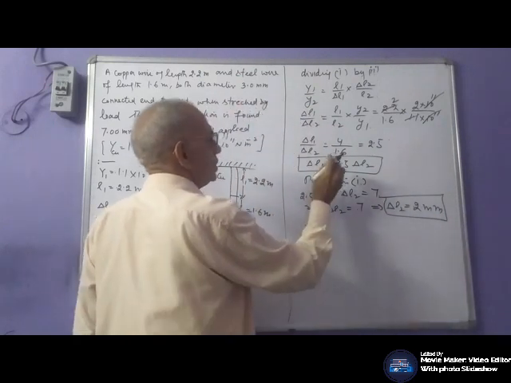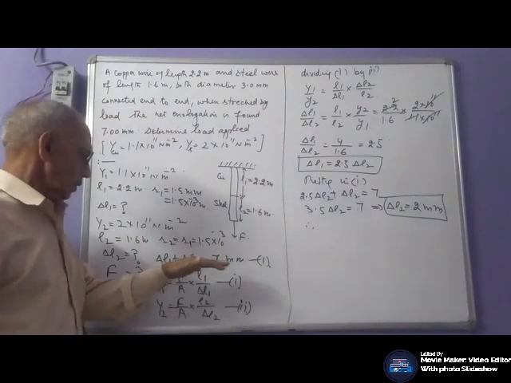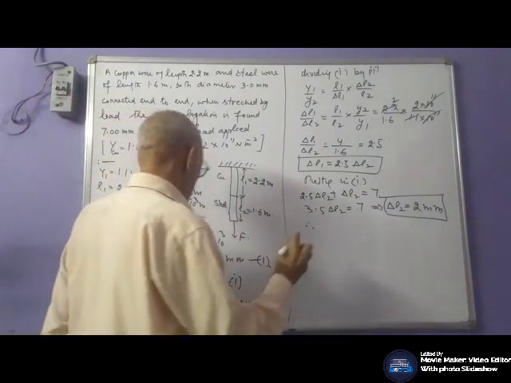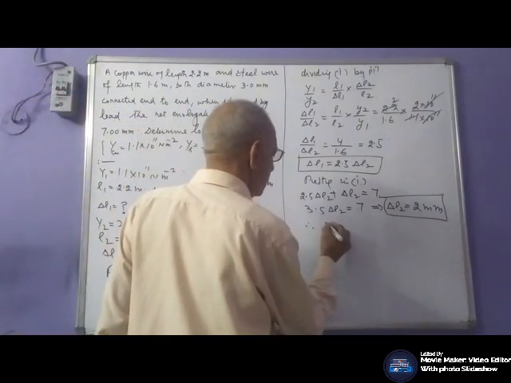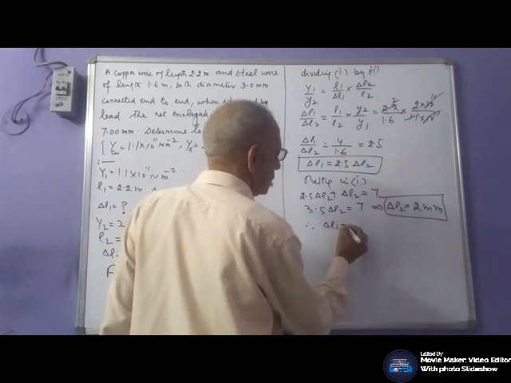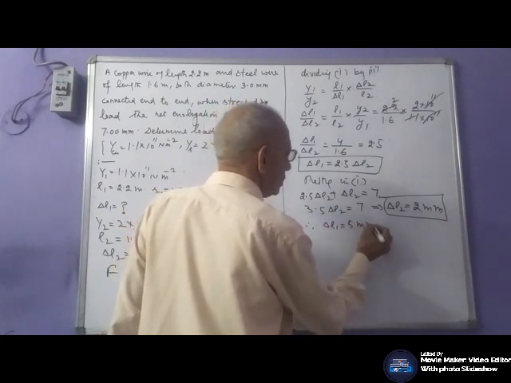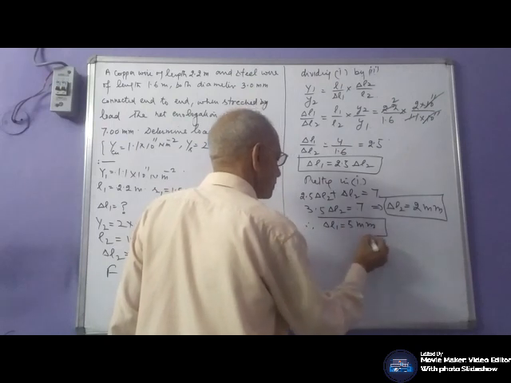Therefore, now this is 7 mm, so delta L1 comes out to be 5 millimeter.